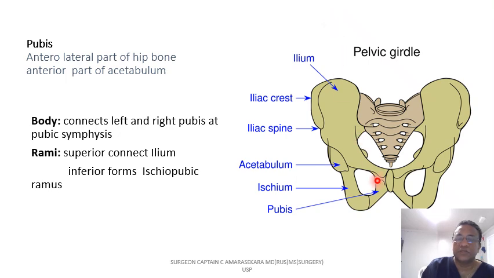So the other main structure is the superior pubic ramus, abbreviated as SPR.